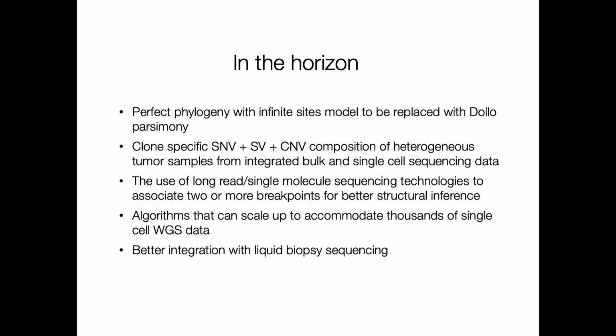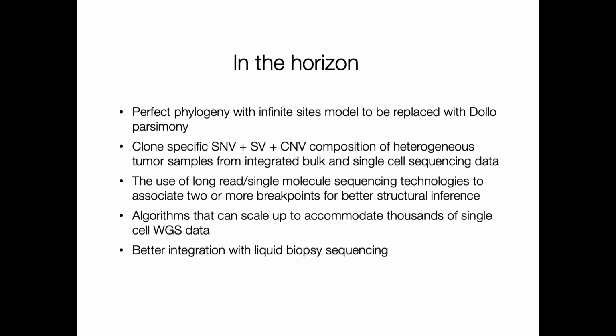The bottom line is, you can solve this relatively well-constrained problem with existing combinatorial optimization packages, but we are thinking of generalizing this to cases where, rather than infinite sites, we have a Dollo parsimony model, so we don't have the perfect phylogeny.